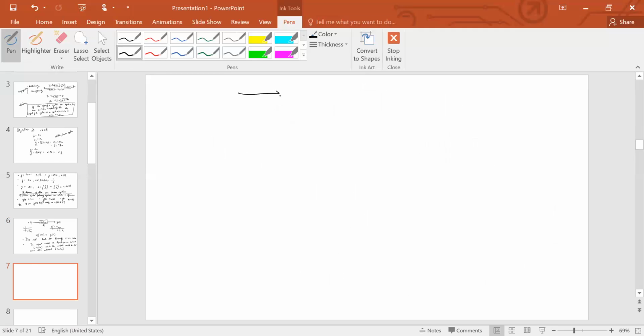So let's say you have U1 of t passing through the system, giving you Y1 of t, and let's say you have U2 of t passing through the same system. I capture this system by G, and this gives you Y2 of t. So this is the if clause.